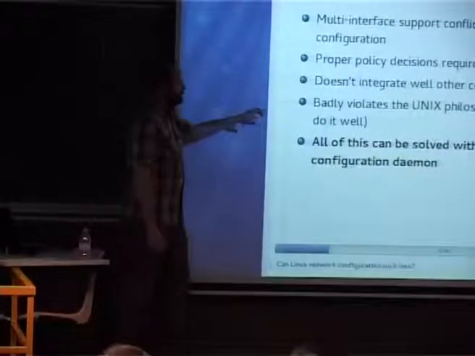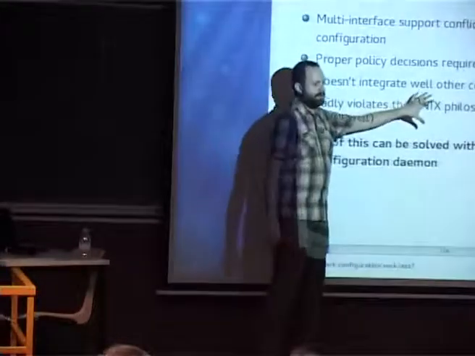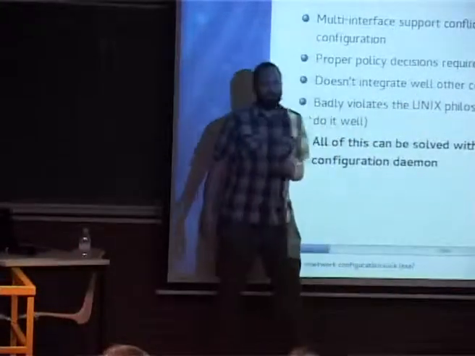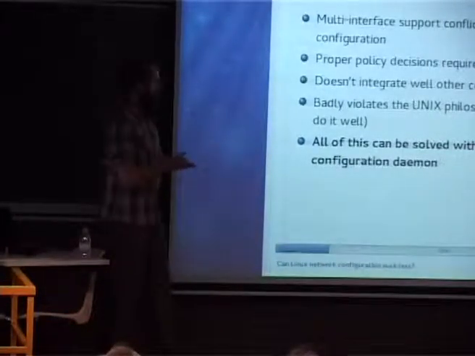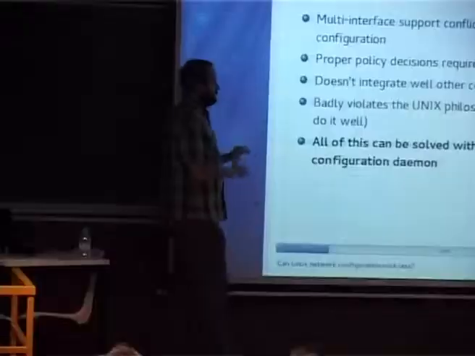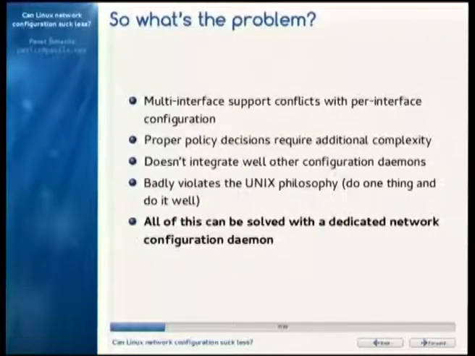And if you try to do this with DHCP, you can have problems with integrating to VPNs, with integrating to other tools. For example, there's a big problem with the setup that you want to resolve various names through different name servers.